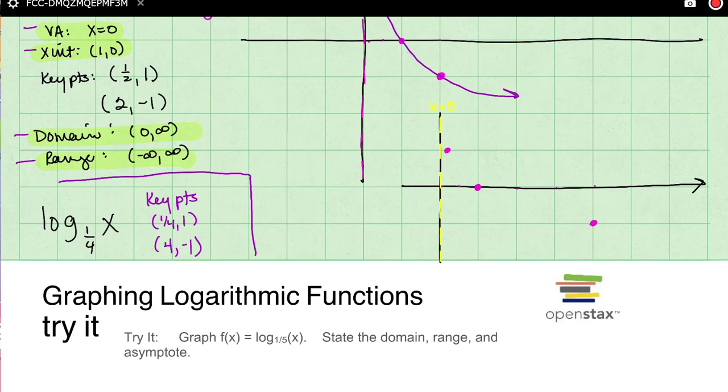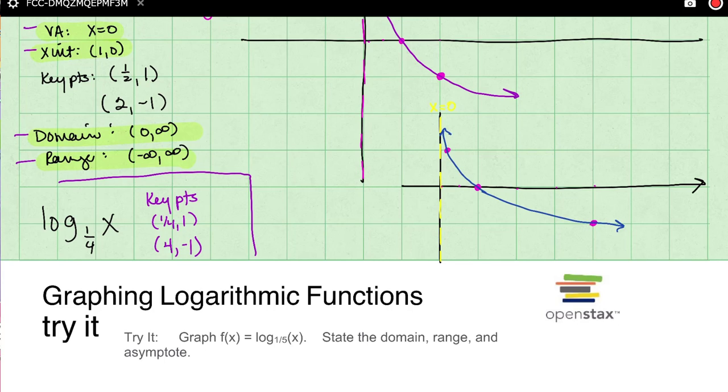Oh, let me do a different color so you can kind of see the points and then the actual graph. And I'm going to try to do that again, make it nicer. It is a curve. There we go. It's a little bit nicer than the original one that I drew.